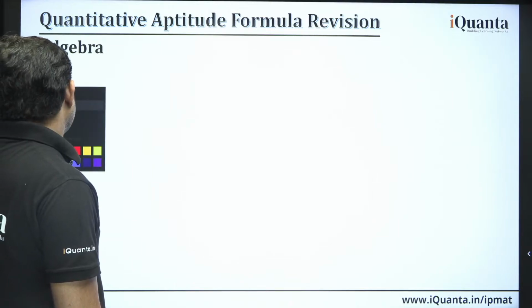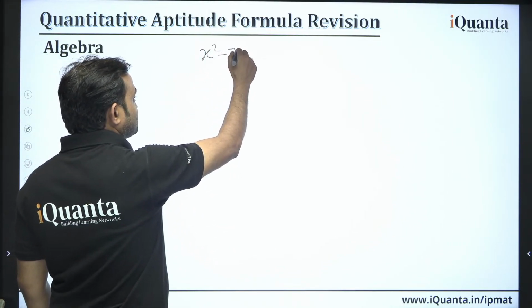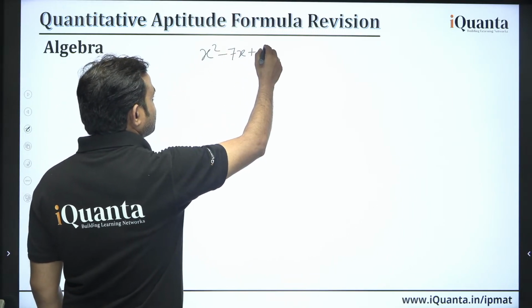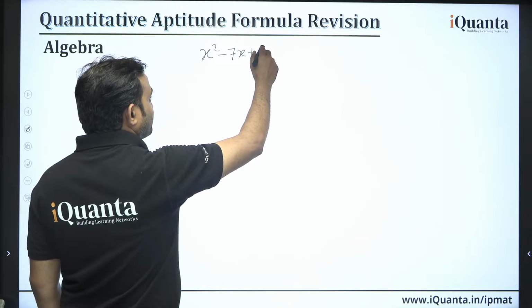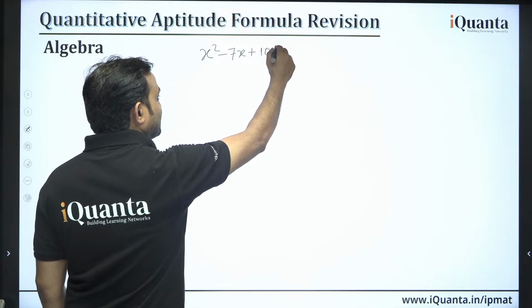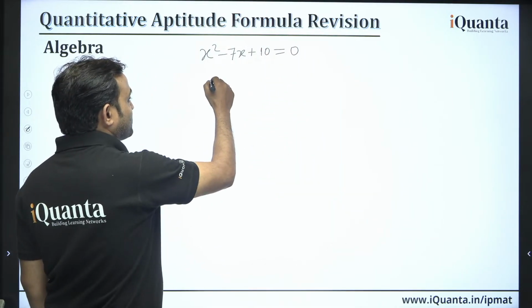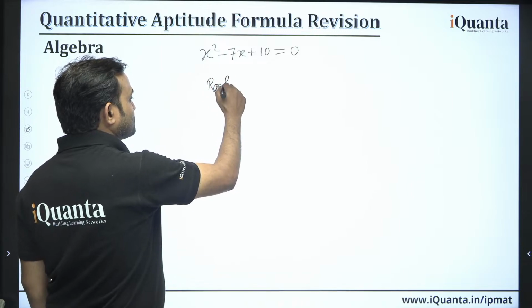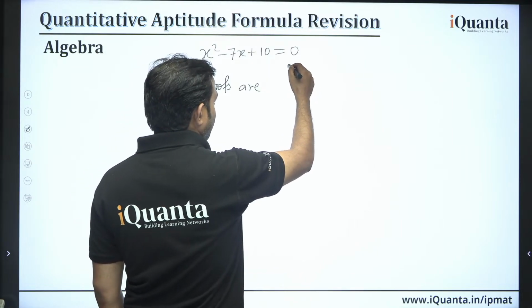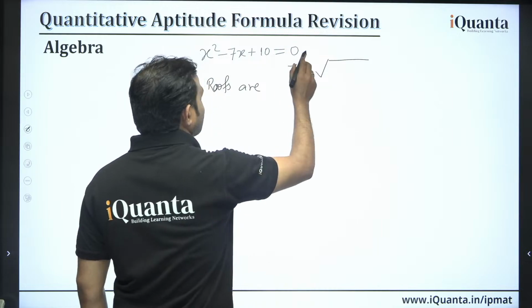Let's say for example x square minus 7x plus, let's say something, is equal to 0. So what will be the roots of this equation? Using the formula, 7 plus minus square root of 49.